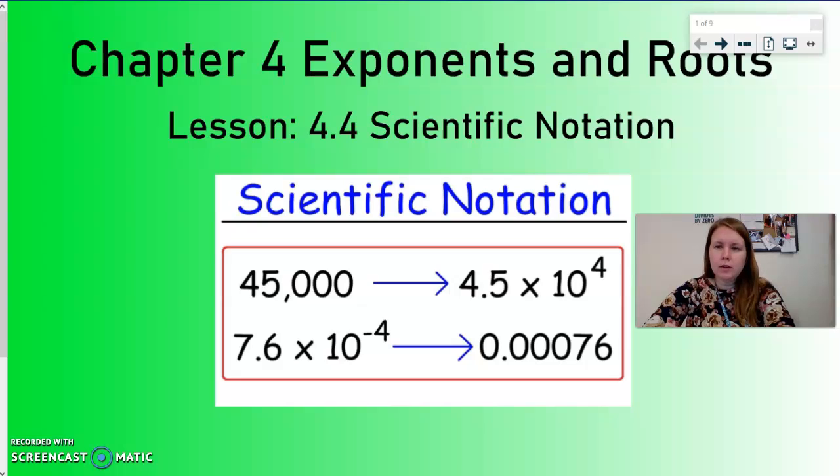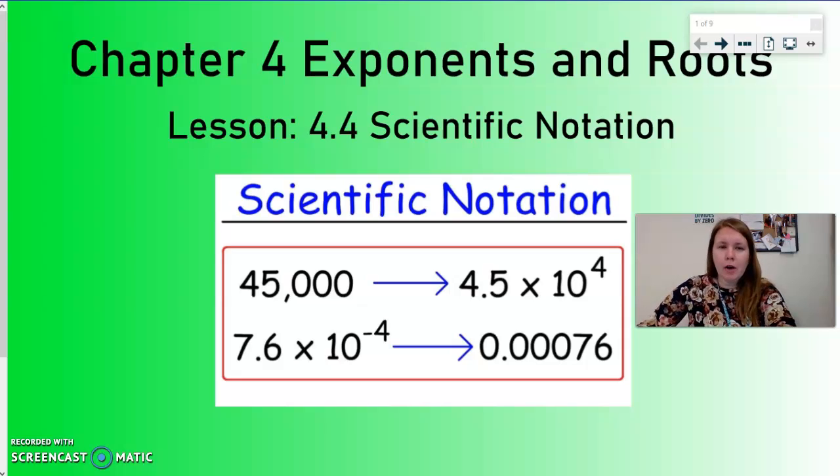So I've kind of alluded to getting into scientific notation, and scientific notation is used when we have large numbers or really small numbers that are hard to express. And sometimes even if you plugged really large things into a calculator, or continue to divide, the calculator is going to read in scientific notation.